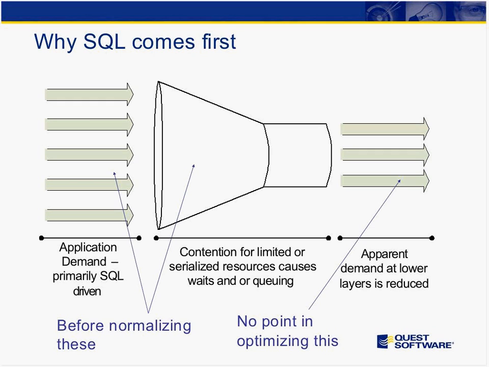So really, the methodology we use is that you should go from left to right, and first make sure that you've got your SQL normalized and tuned as best you can. Then try to normalize and tune the actual Oracle database to reduce contention. And then finally, once you've minimized the logical I/O as much as you can coming out of the Oracle system, then worry about actually managing the physical I/O.